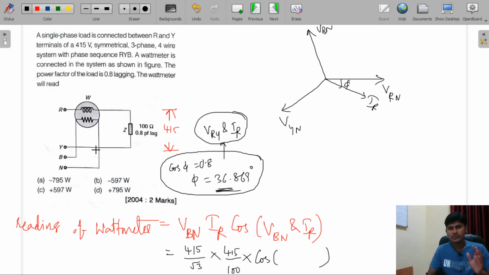So the phase angle of this load will be 36.869. That is the angle between VRY and IR.